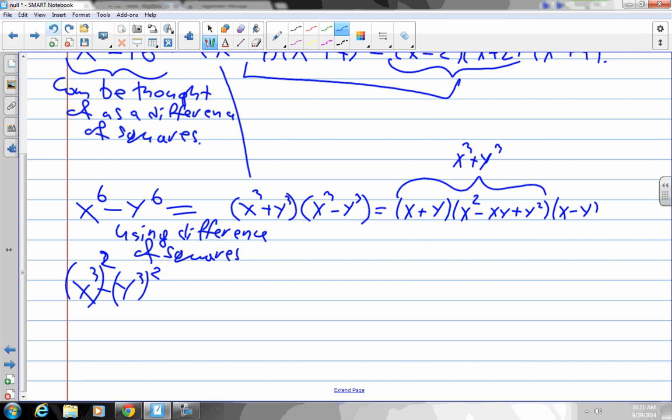And the difference of cubes, just again, using the formula without really thinking much. I'm just replacing a's and b's with x's and y's. That's about it.